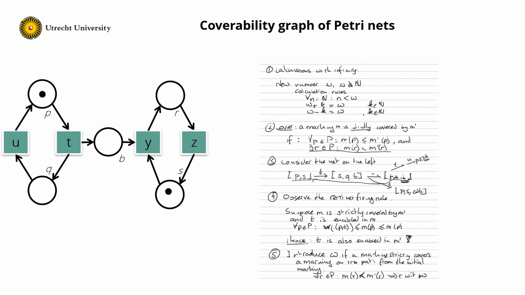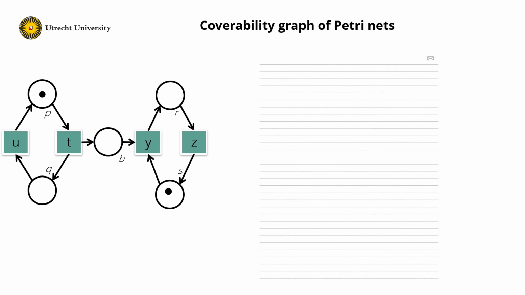So let's apply that on the net on the left. As for the reachability graph, I first create a table. I have transitions with a preset and a post set.